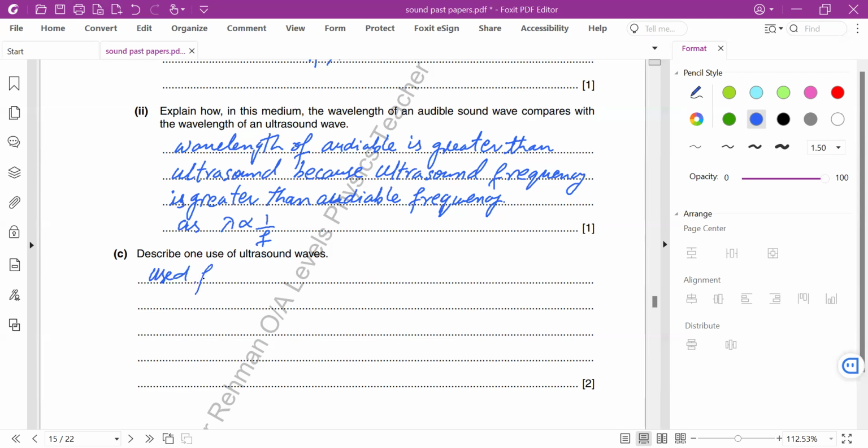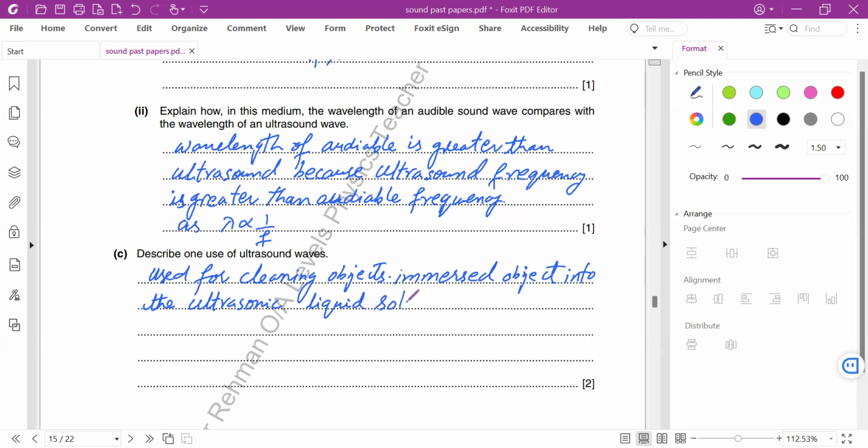Used for cleaning objects: place the immersed object into the ultrasonic liquid solution.